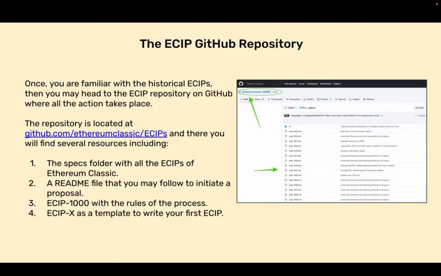The specs folder with all the ECIPs of Ethereum Classic. 2. A README file that you may follow to initiate a proposal. 3. ECIP 1000 with the rules of the process. And 4. ECIP X as a template to write your first ECIP.